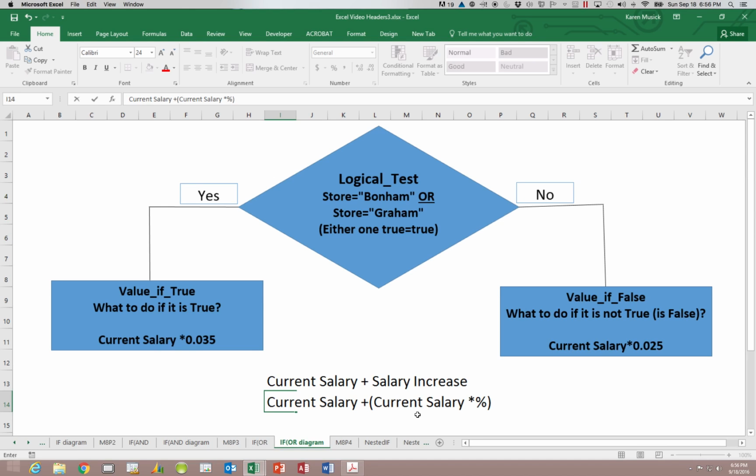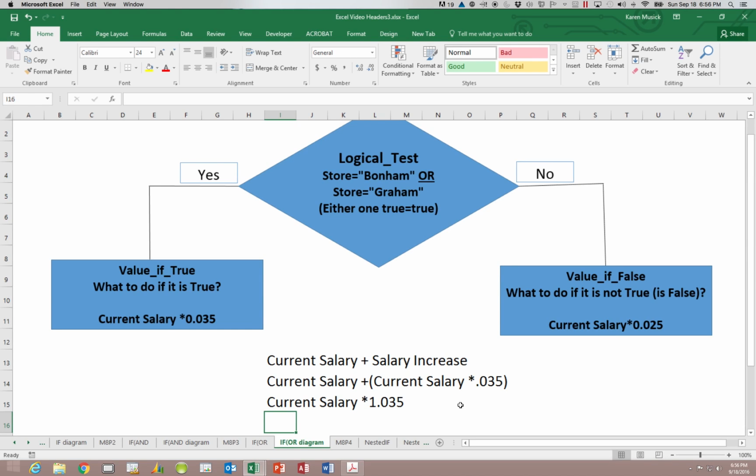So if we use the example for this percent as 0.035 for 3.5%, algebra will allow us to take the current salary and multiply that by 1 to get this first current salary, and then 0.035 of the second to get that. And that will all give us the same answer.